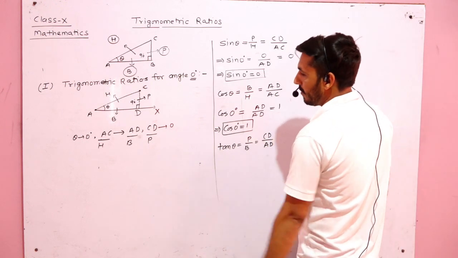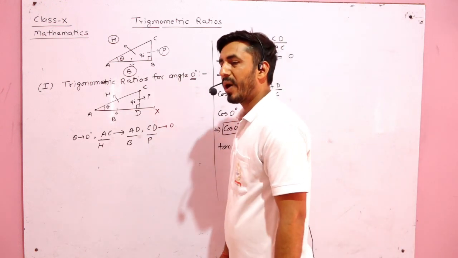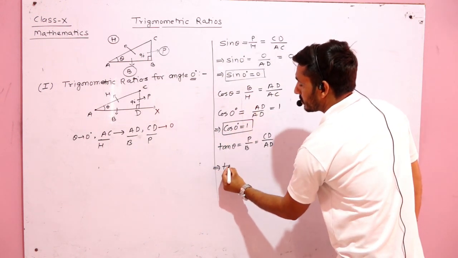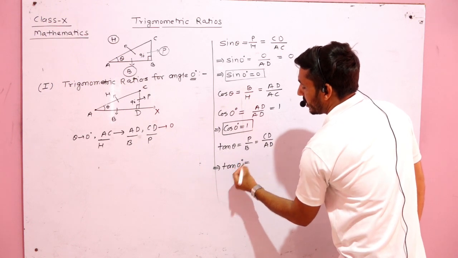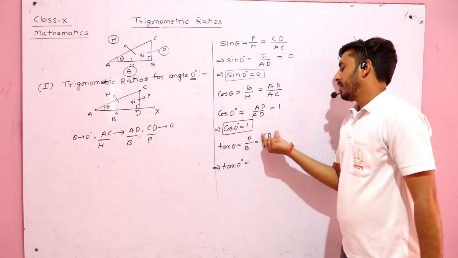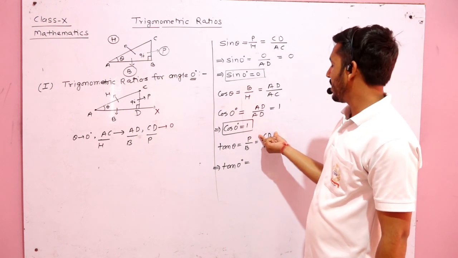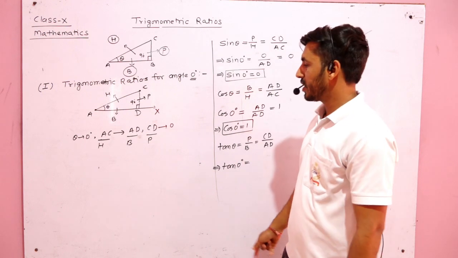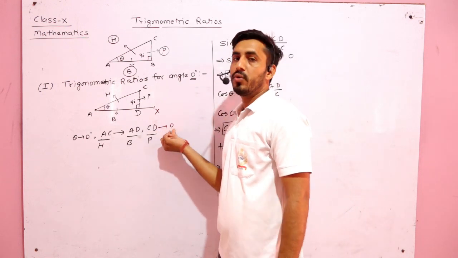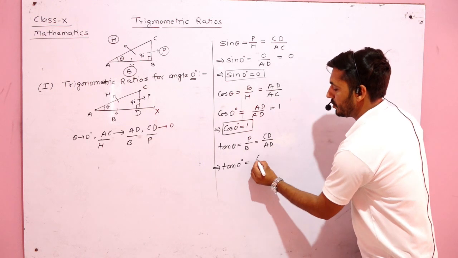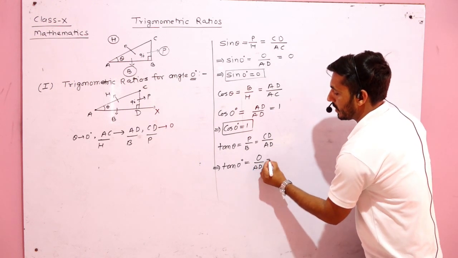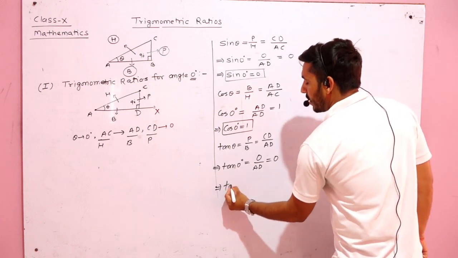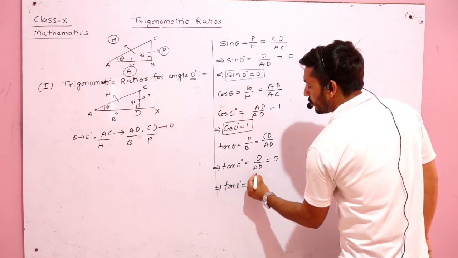When I move theta towards 0 degree, let us see the value of CD. You can see here CD is tending to 0. It means it will be 0 upon AD, and the obtained value will be 0. So the value of tan 0 degree is equal to 0.